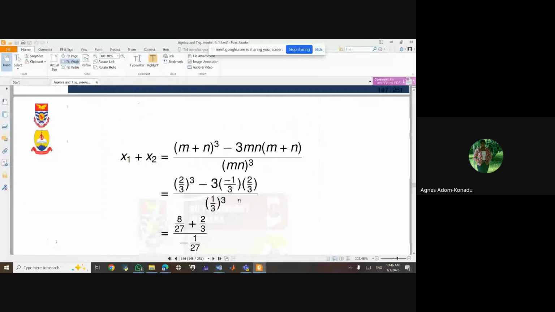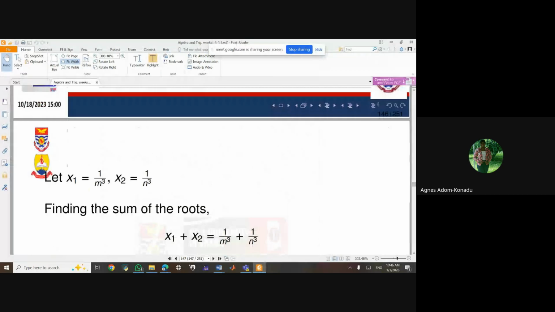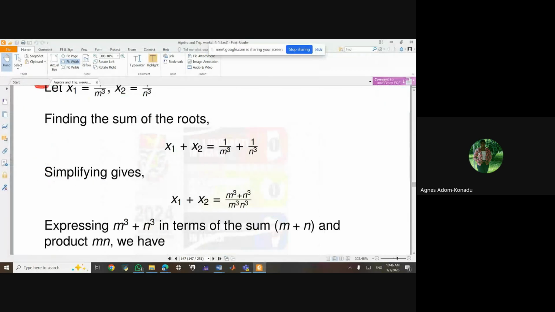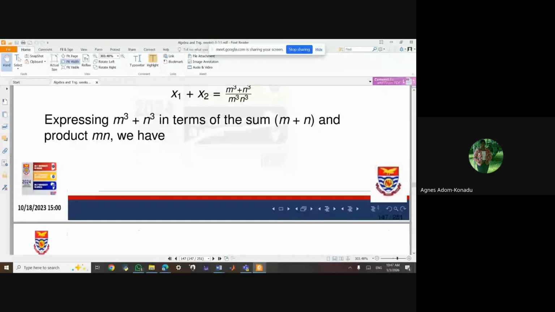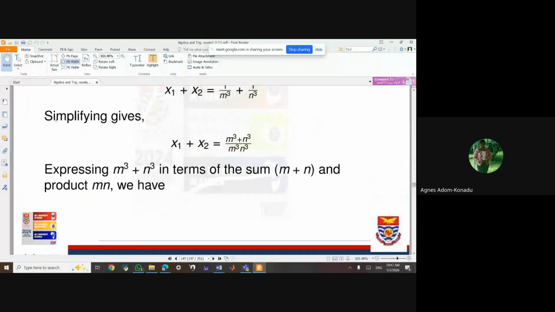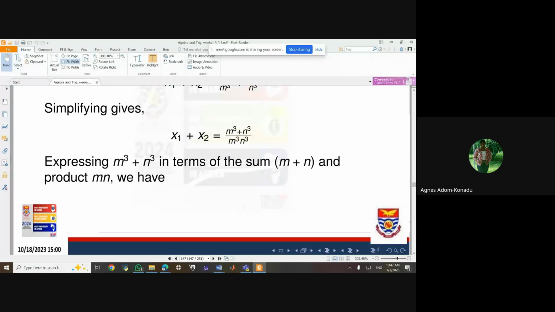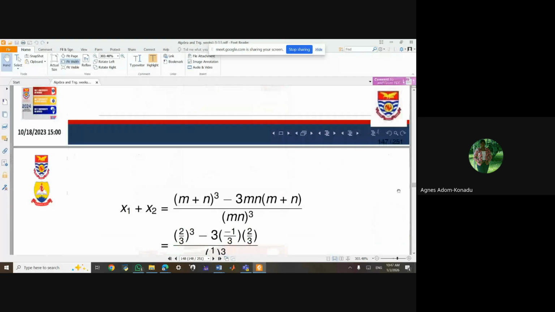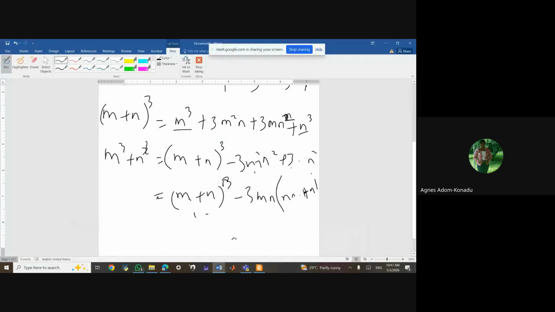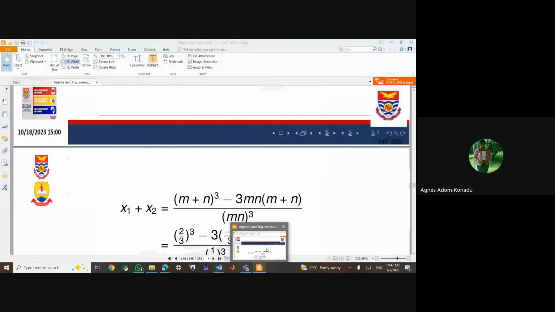Okay. So we can substitute that. In place of m cube plus n cube, I will substitute what I just did, which is (m plus n) all cube minus 3mn into brackets (m plus n).